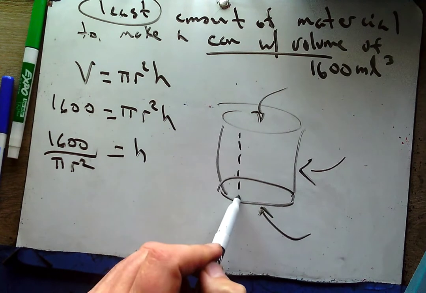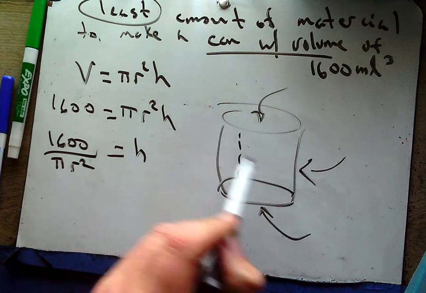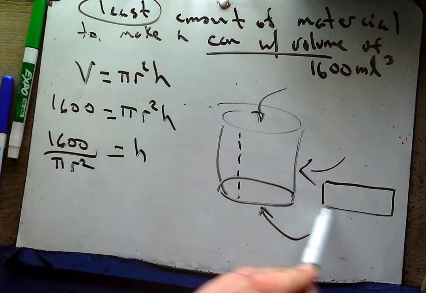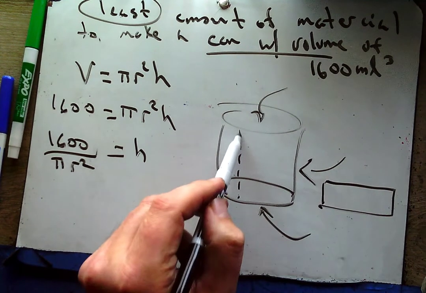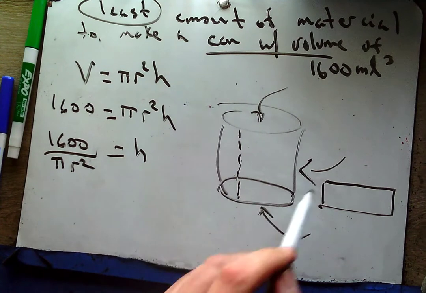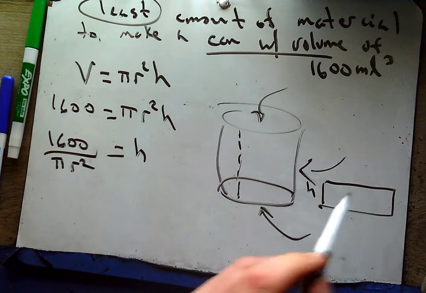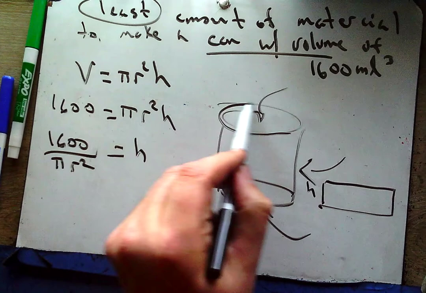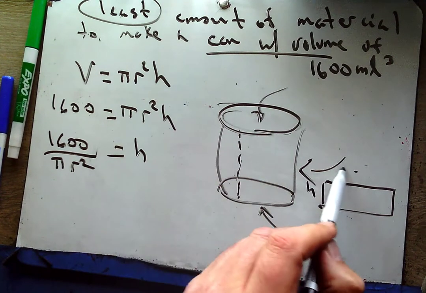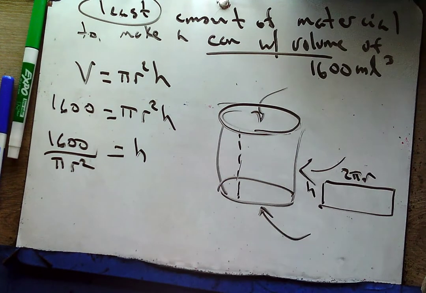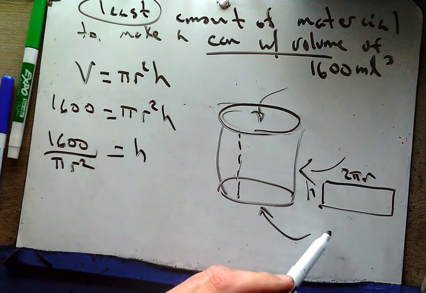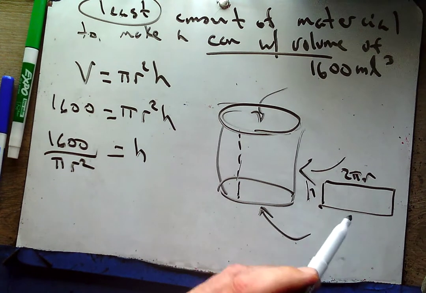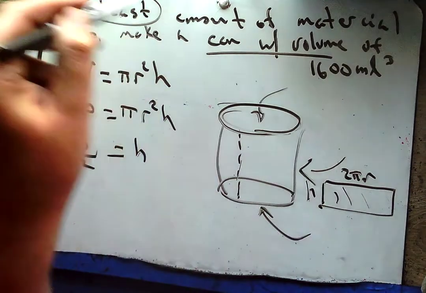If I snip here and roll this out, I actually end up with a rectangle whose height is the height of the cylinder and whose circumference goes here. Okay, so this is the thing that I want to minimize.